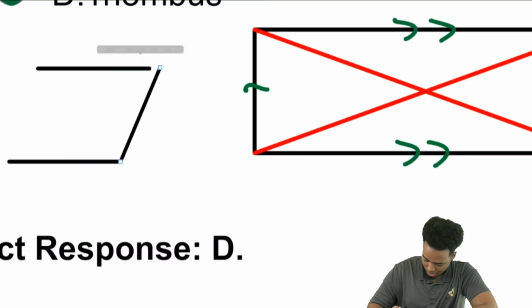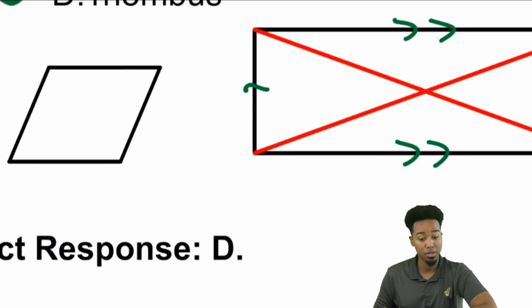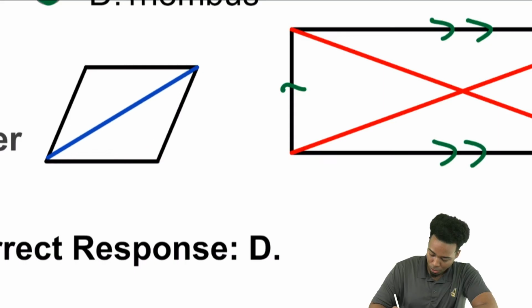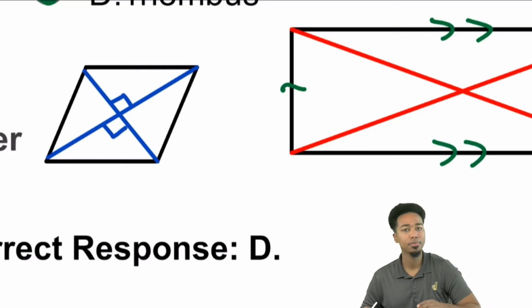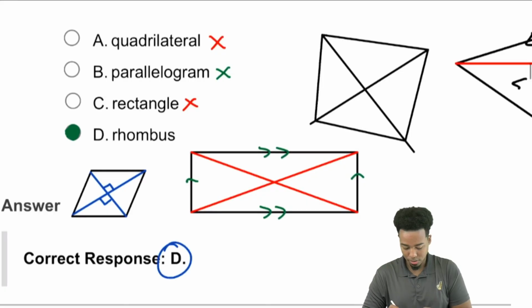I'm trying to do my best to not mess it up. But this would be a rhombus, more or less. And when we draw these diagonals, this is what you saw earlier with that parallelogram I drew. You'll have these right angles. You'll have those right angles. You absolutely will.